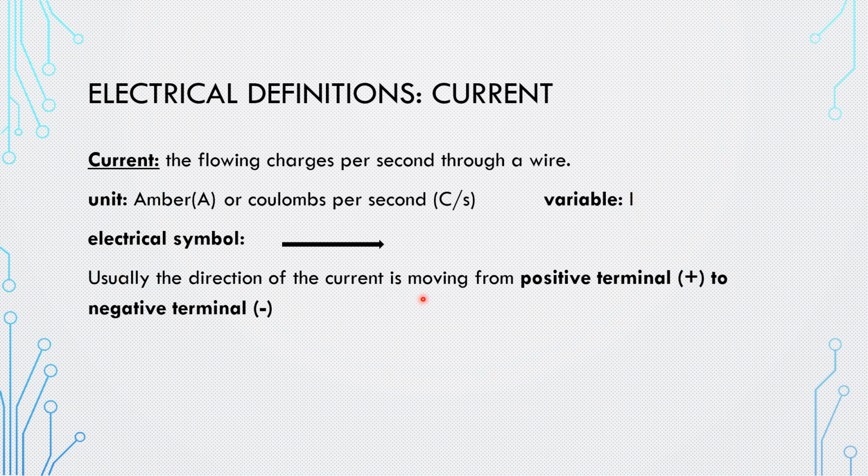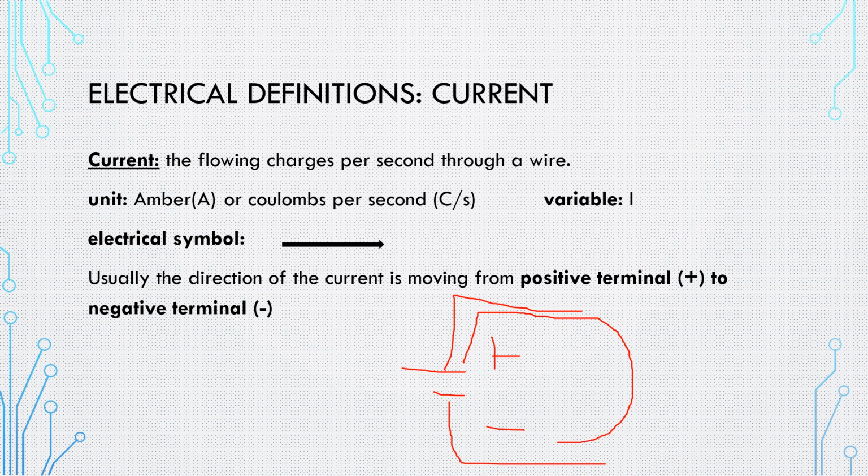Usually the direction of the current is moving from the positive terminal to the negative terminal. So if I'm having a circuit, most of the time the current moves out from the positive terminal, goes through the circuit and comes back to the negative terminal. So this is the usual direction for the current.